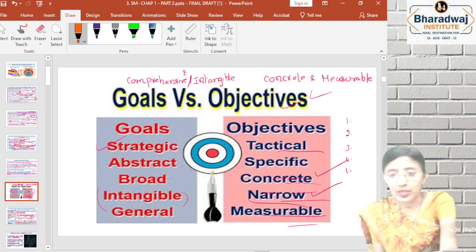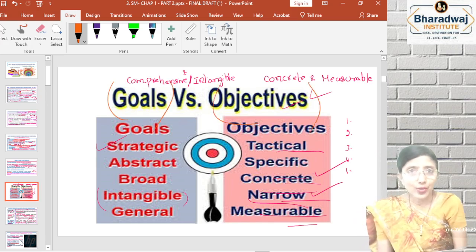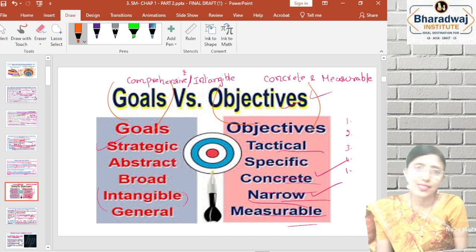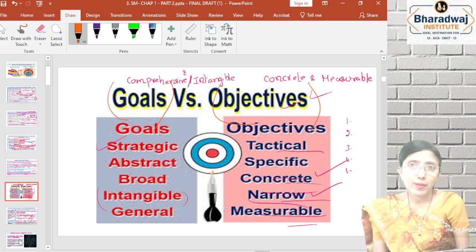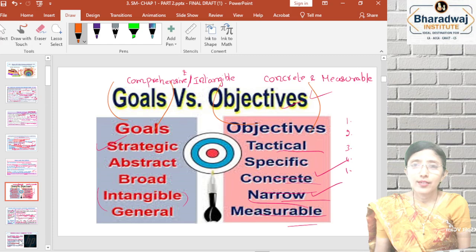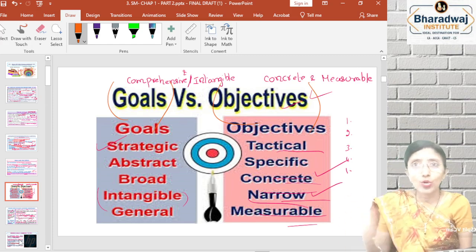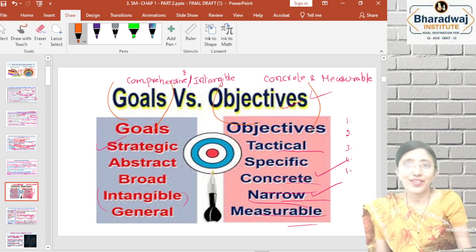Now please remember, goals are broader, objectives are narrow. You can recollect the example which I tell in the class. I want to lose weight, or I want to put on weight, that is a goal. How am I going to put on weight?